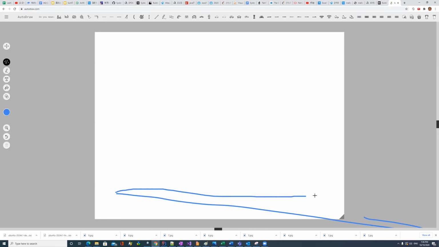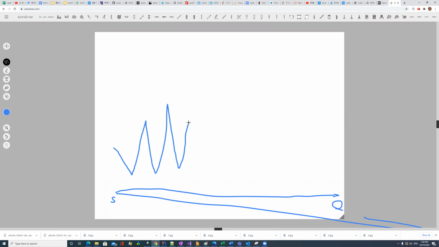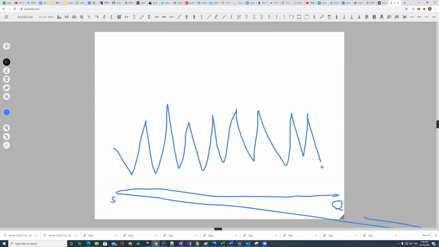Similarly, I have a curve from the start day to the end day, and the stock curve has some fluctuation. Some ranges increase, and some ranges decrease. This is the fluctuation curve.